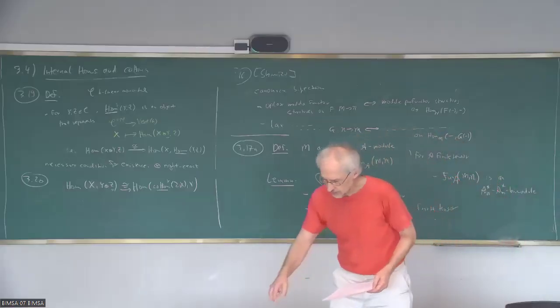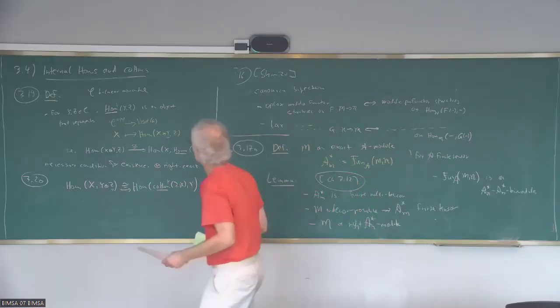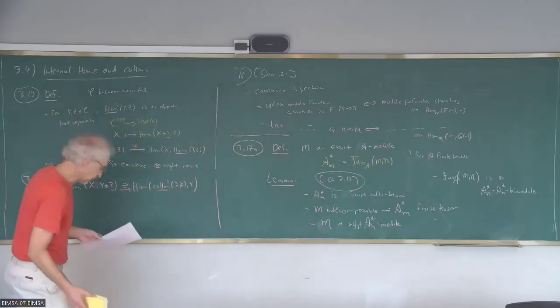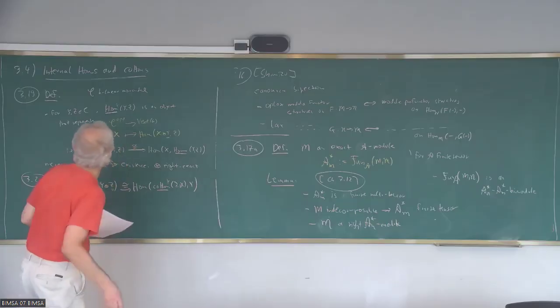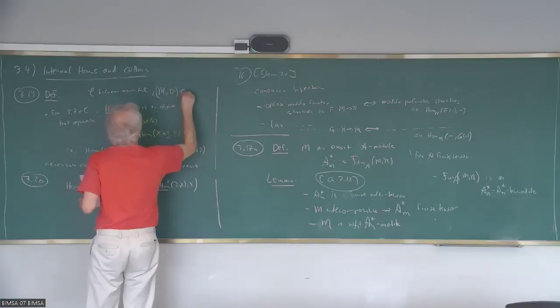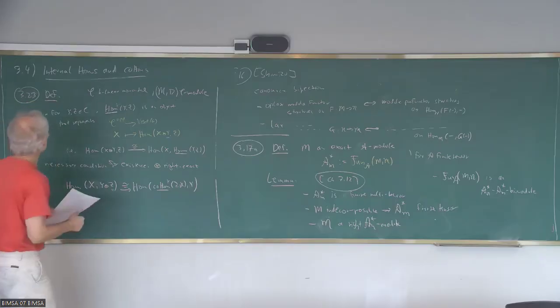This generalizes directly from monoidal categories to module categories. Then we are at definition 23.